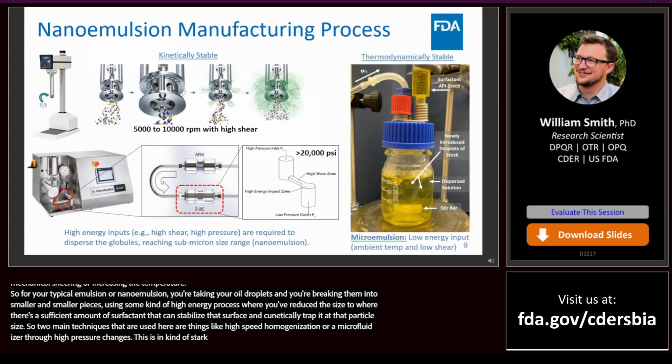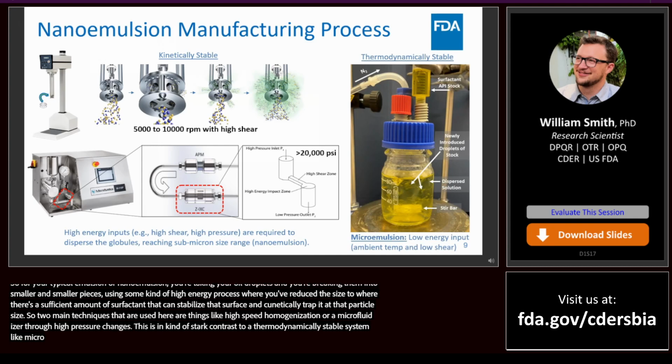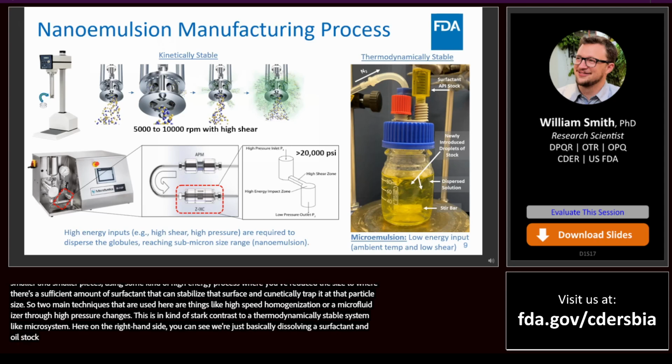This is in kind of stark contrast to a thermodynamically stable system like a microemulsion, where you only need a low energy input. So here on the right hand side we can see we're just basically dissolving a surfactant and oil stock solution into an aqueous phase, and it will slowly just disperse over time at ambient temperature and at low shear, so just with stirring.